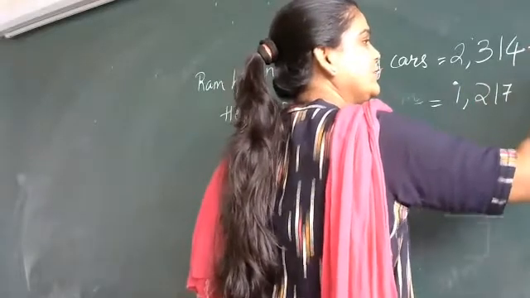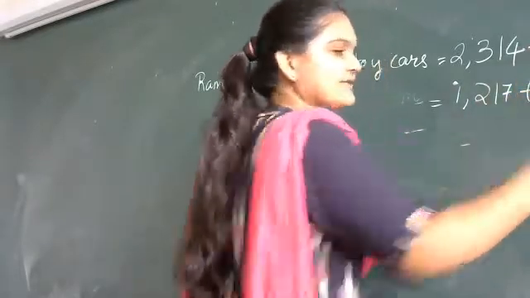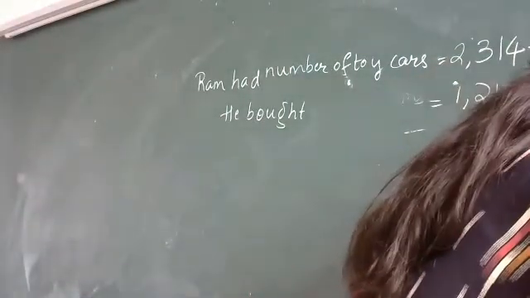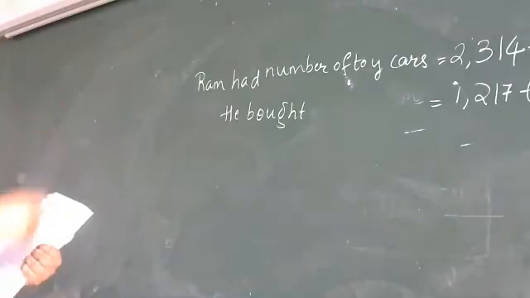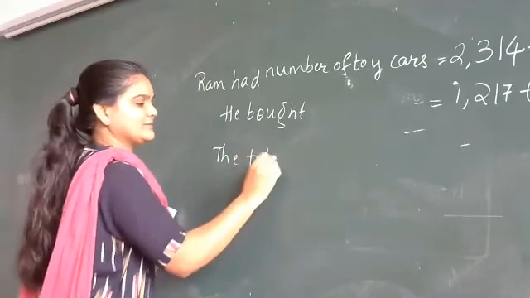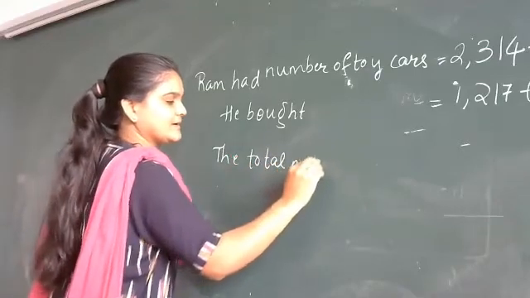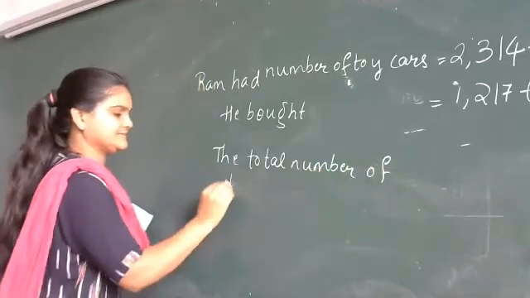Here you have to write the sentences, children, because it is working with two languages, that is English and mathematics. So what will you do? The total number of toy cars.